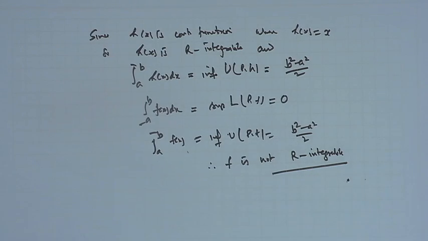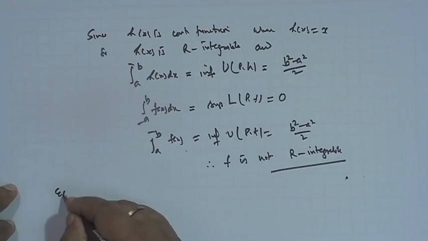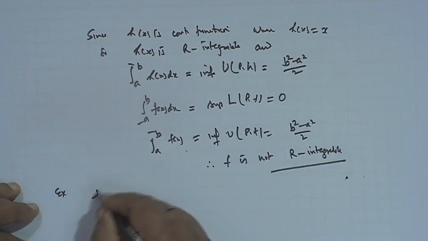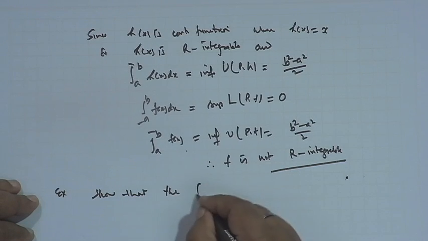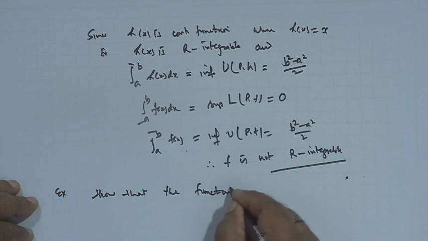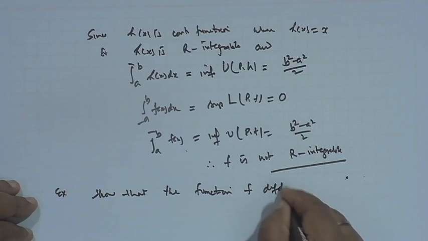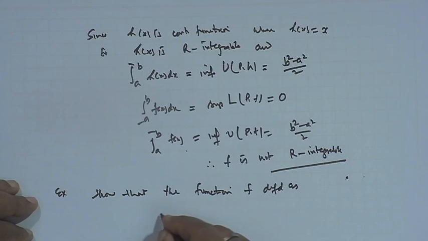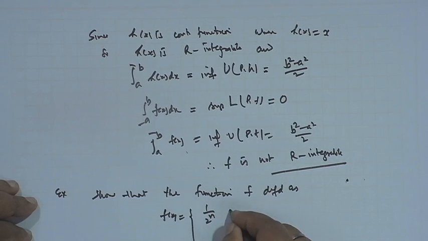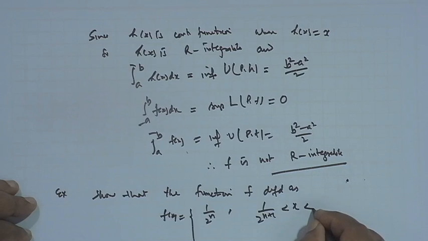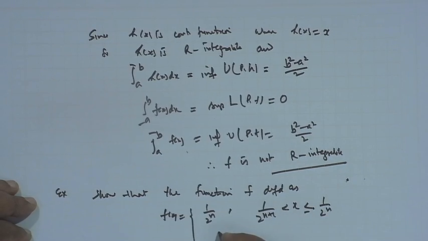Now, let us take the last result. The function f defined as f(x) is 1 by 2 to the power n, when x is lying between 1 by 2^{n+1} and 1 by 2^n, and 0 otherwise, when x is 0.